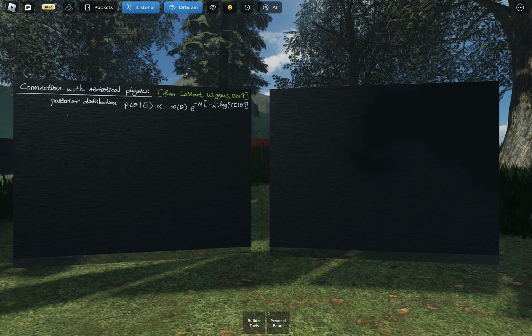What we have here is the log likelihood, and this is the average negative log likelihood, which we know eventually converges to a function of theta. And that's the prior. So the connection to statistical physics should be gleaned from just this equation. Let me draw a table. Hopefully I have enough space.